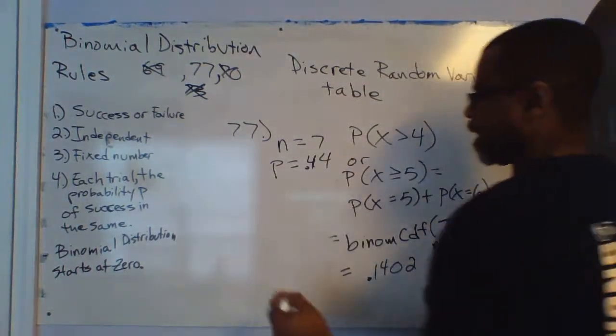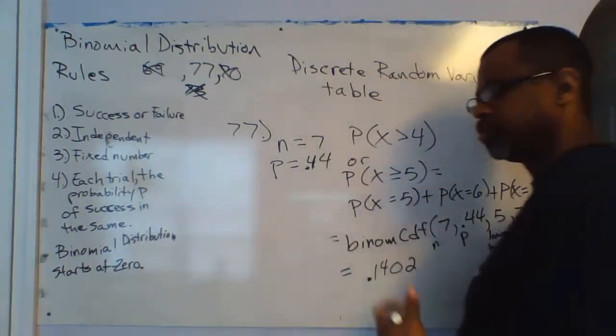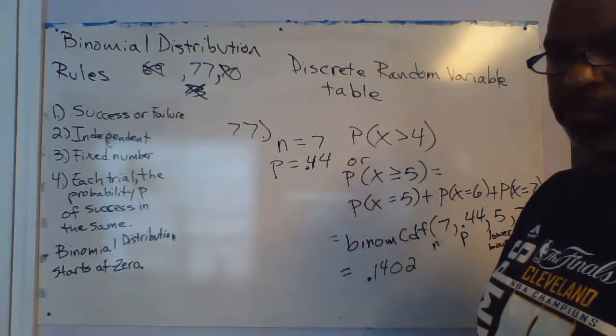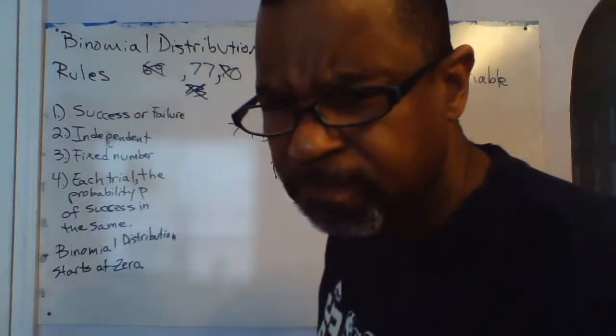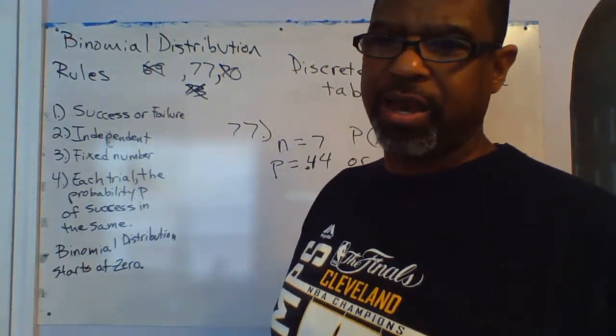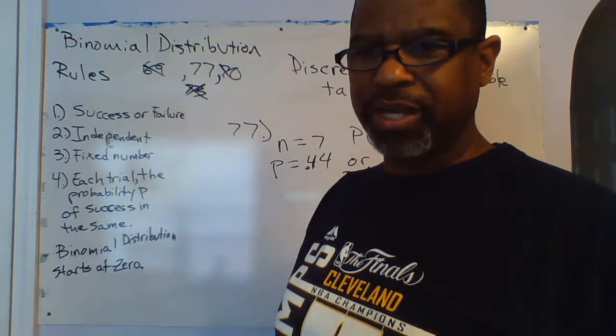So how you put it in your calculator, you're going to go to menu, go to statistics. It's just the same way we did it yesterday. Brianna, I showed y'all how to do this yesterday.